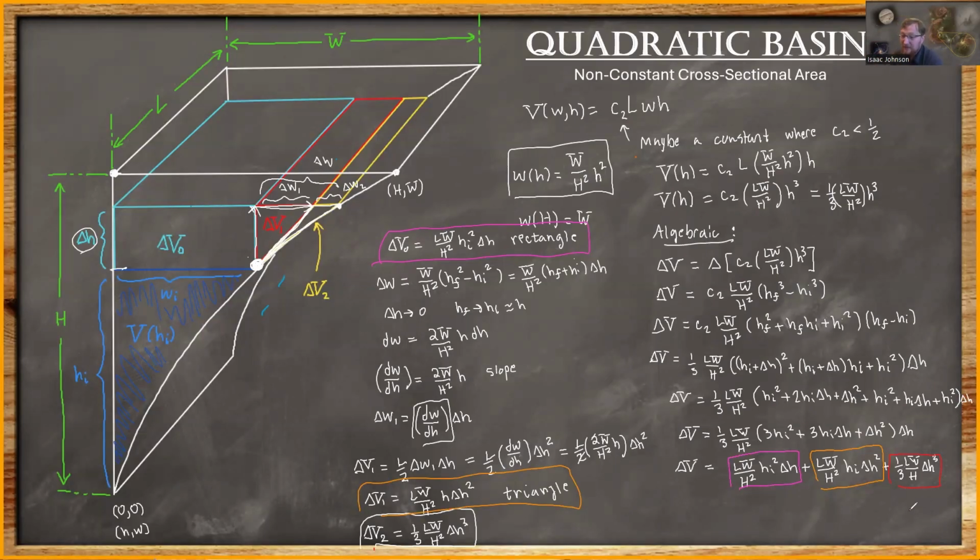And then the last one, the most interesting one really, is the quadratic. Does it care what height initial is? Appears not, and that's shocking to us because in the triangular case, it was really easy to see that of course all the triangles are going to be the same size. If you have the same delta H, of course the triangles are going to be the same size because the tank is triangular.